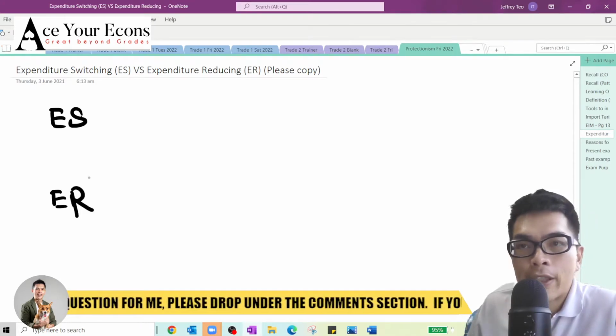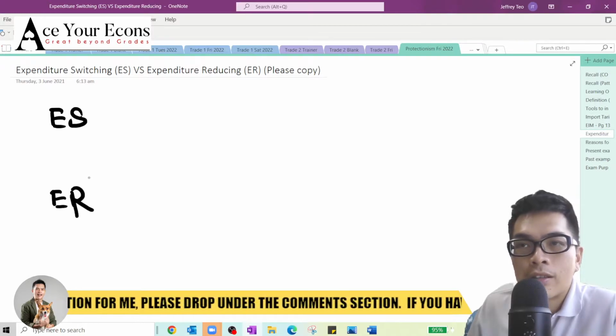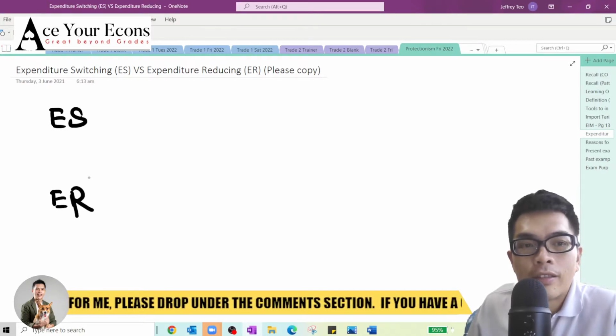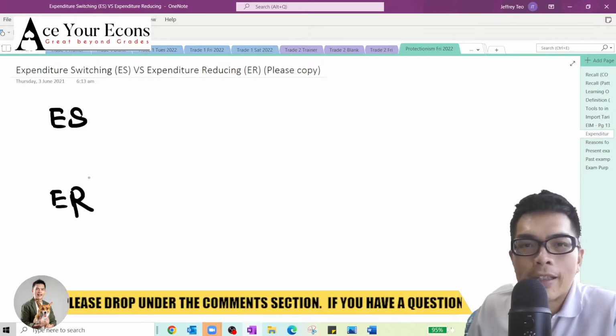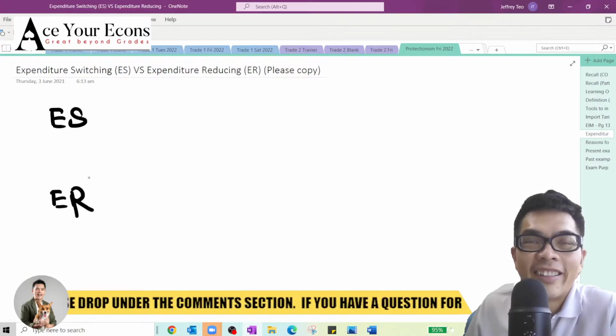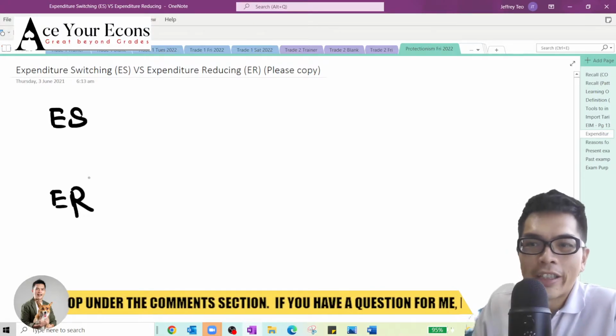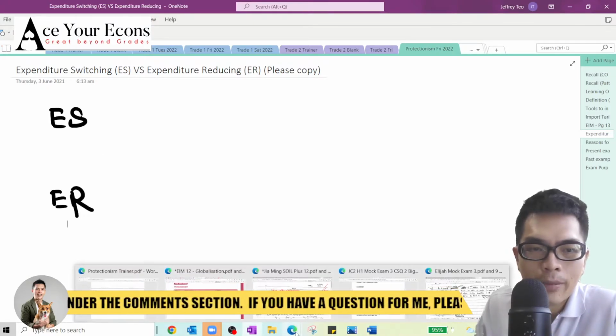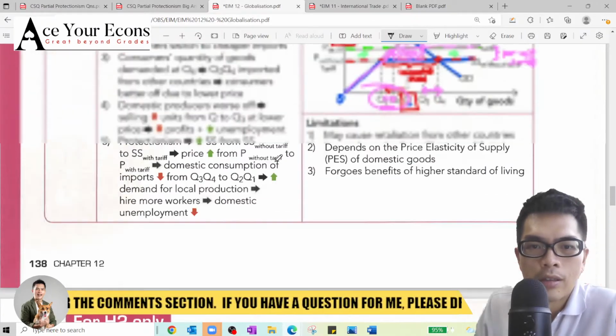When I look at expenditure, I look at import expenditure. How can we differentiate the two other than spelling? I'll give you a hint. If you look at the earlier diagram, switching means what?